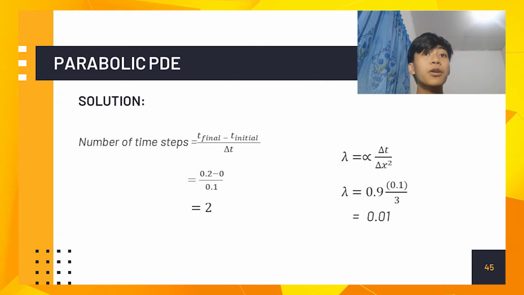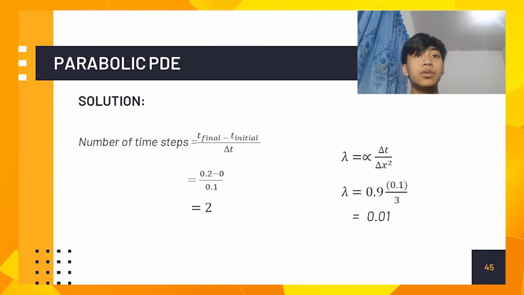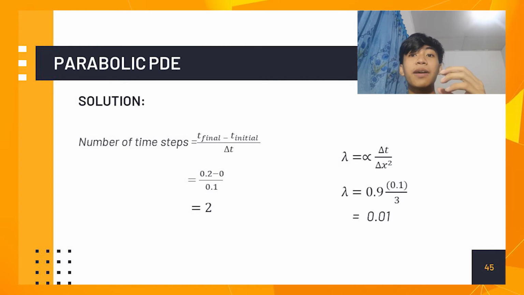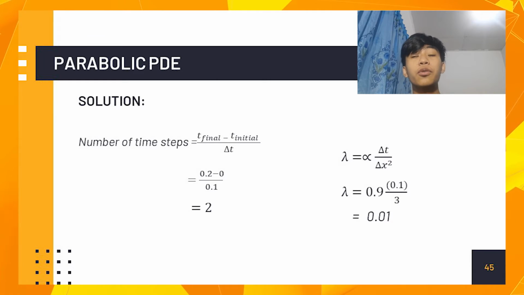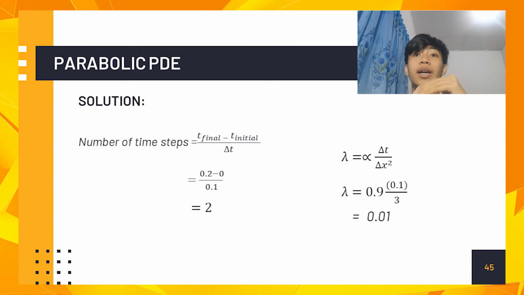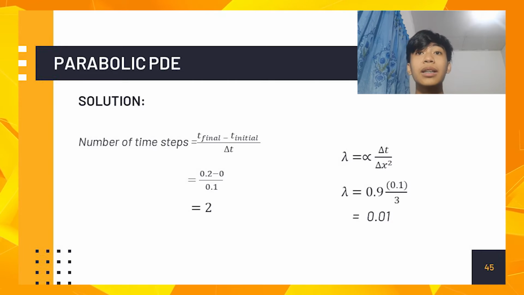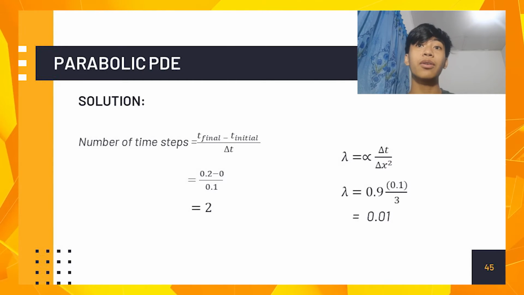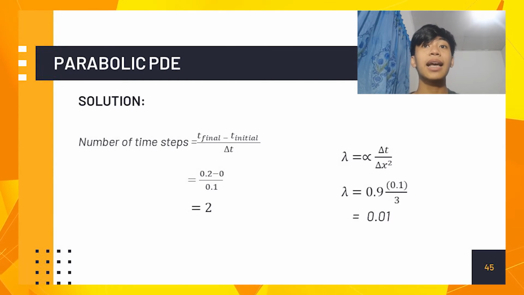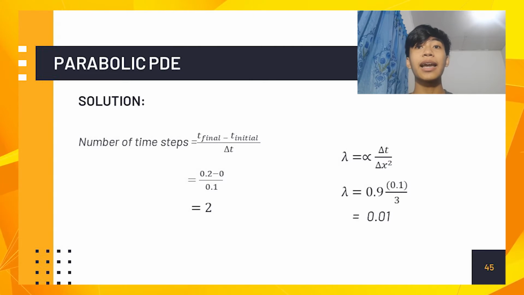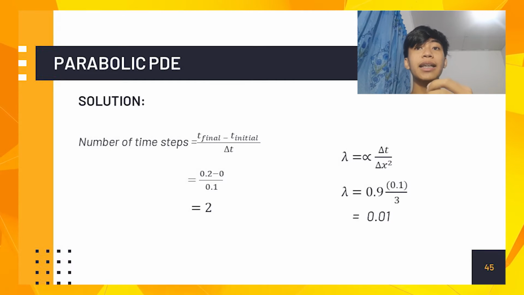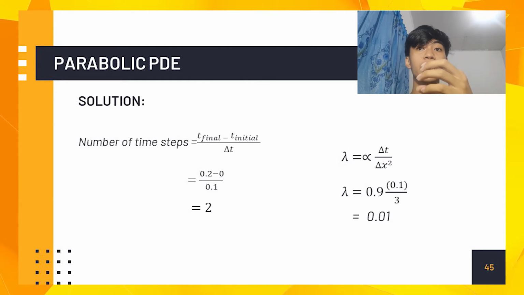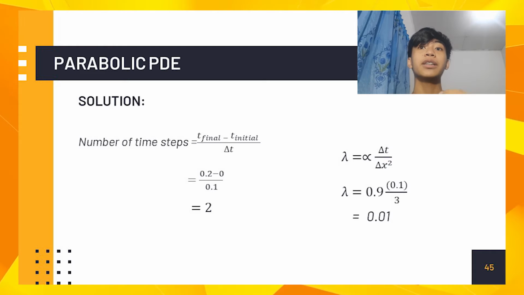So the number of time steps is equal to T final minus T initial divided by delta T. So we substitute 0.2 minus 0 divided by 0.1 is equal to 2. So lambda is equal to alpha delta T divided by delta X squared, which is 0.9 times 0.1 divided by 3 squared, equal to 0.01.